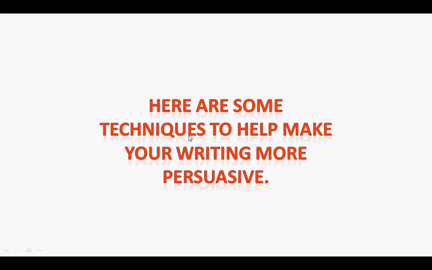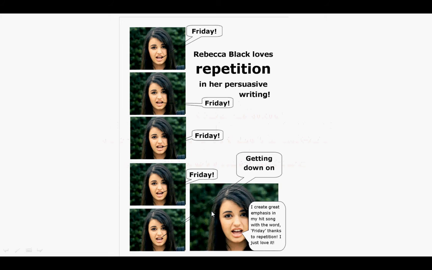Let's look at some techniques that can help you make your writing more persuasive, or in other words, some persuasive techniques. The first persuasive technique is repetition. The word repetition comes from the verb to repeat. As you can see, the photo is repeated and so is the word.